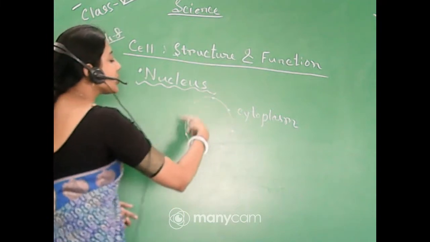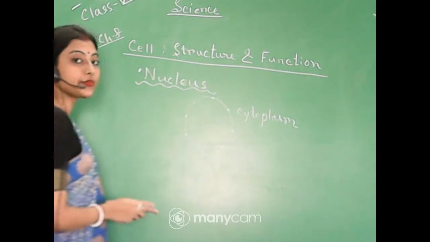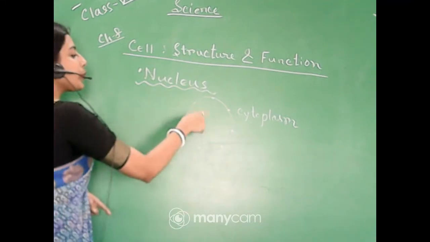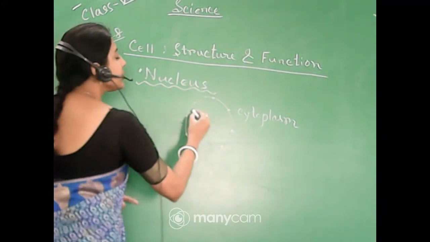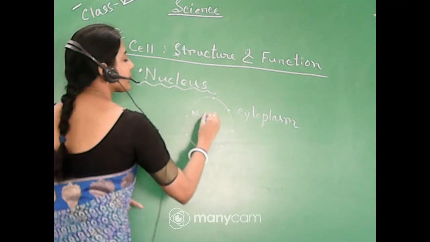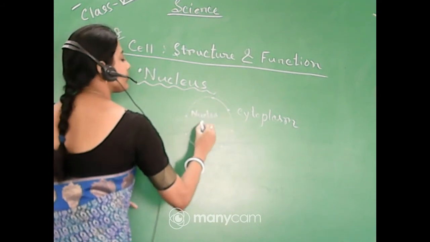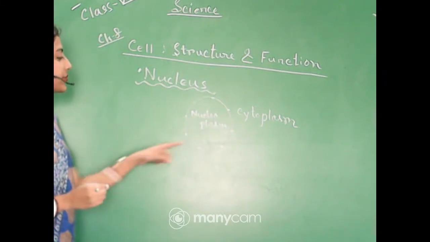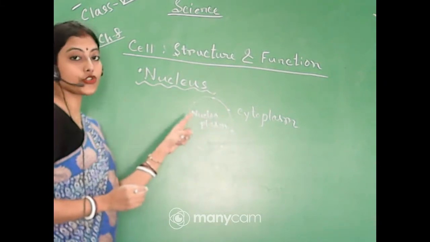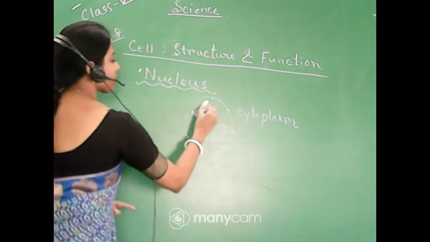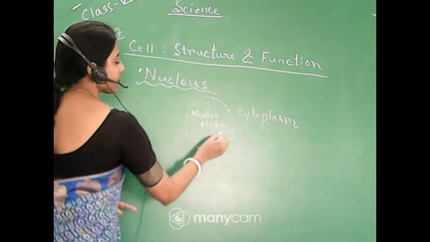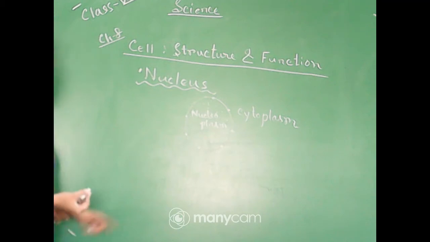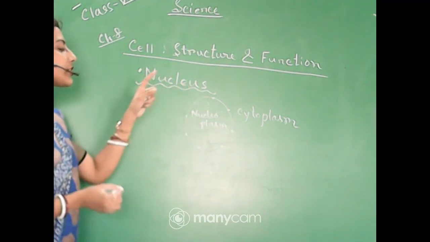Okay, so the outer portion of the nucleus is the cytoplasm, and the inner portion of the nucleus is the nucleoplasm. Nucleoplasm is the liquid portion of the nucleus.